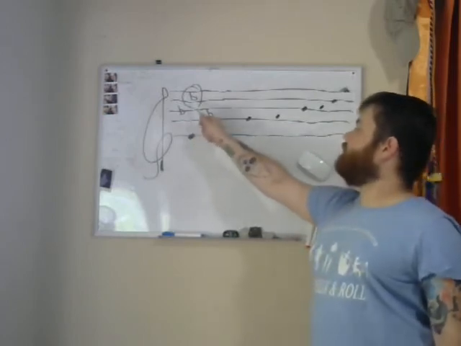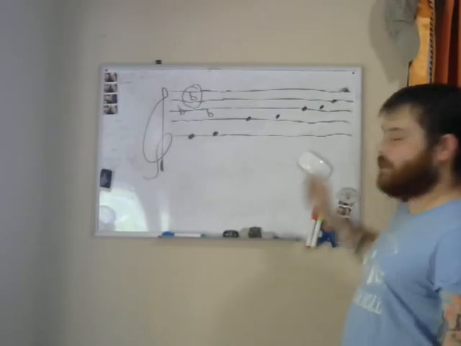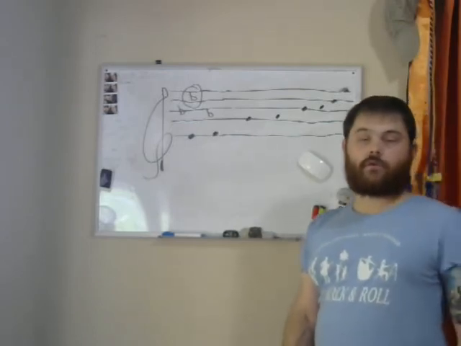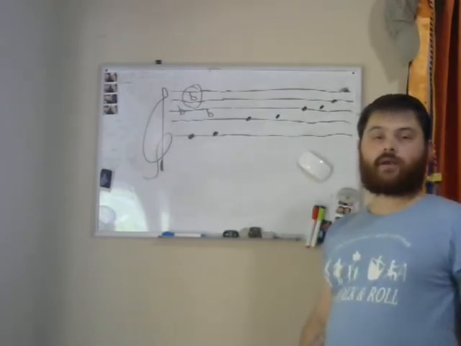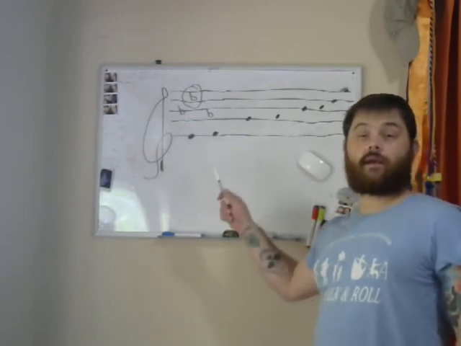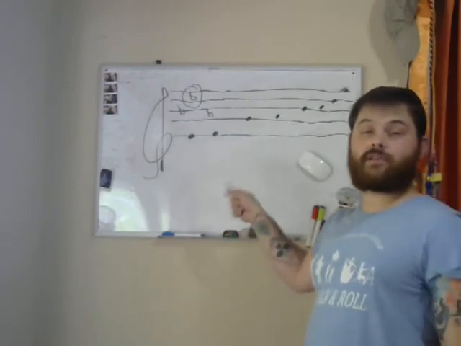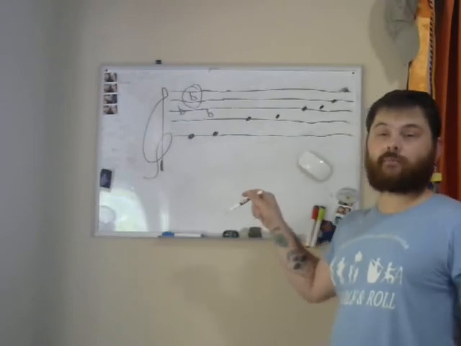B flats, E flats, and A flats. E to E. So that is how we can tell what key is the foundation for the piece of music that we're reading or writing.